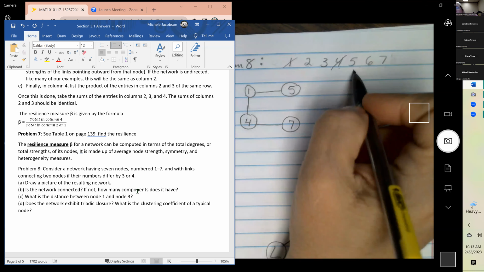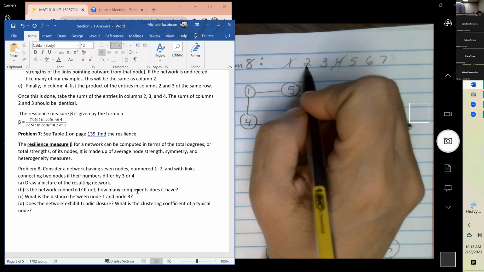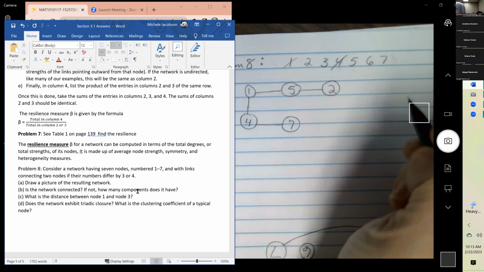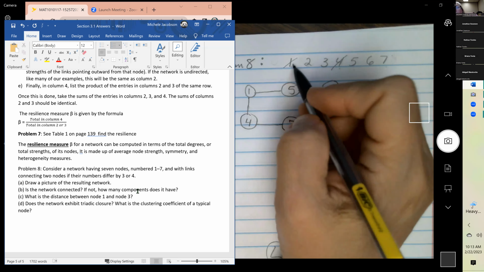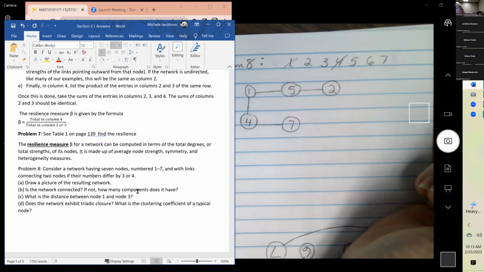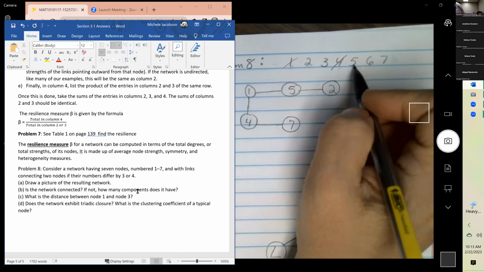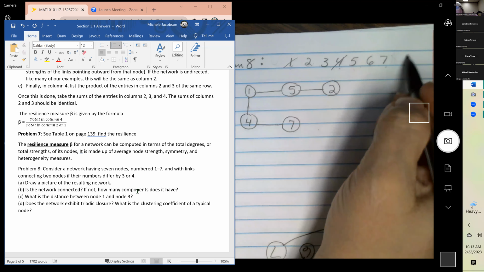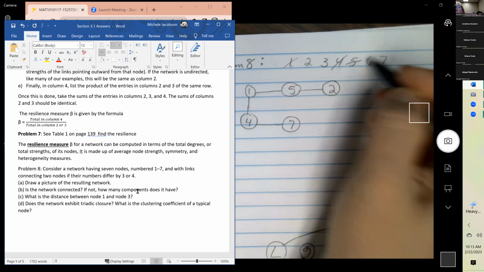If we go to 5, going down 3 is a 2. So 5 has to connect to 2. Going down 4, it connects to 1, which we already did. Going up, if we go up 3, it's an 8, and 4 is a 9. Those numbers we're not using, so we've done everything with 5.